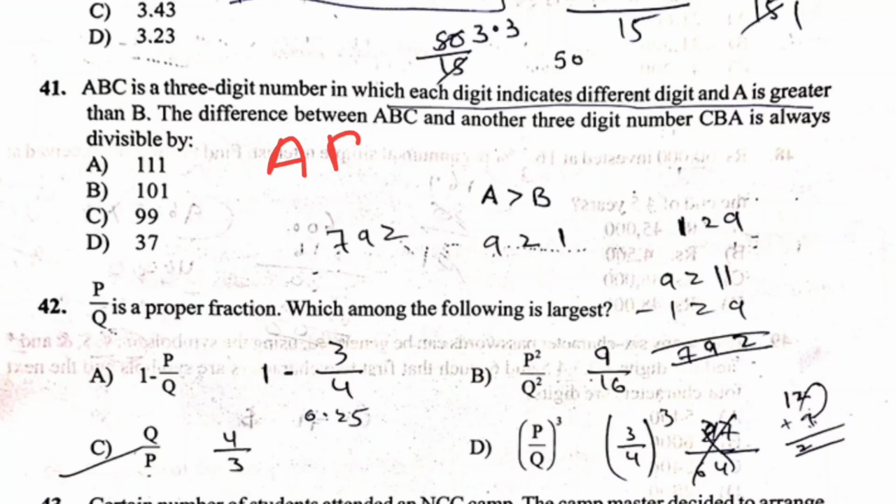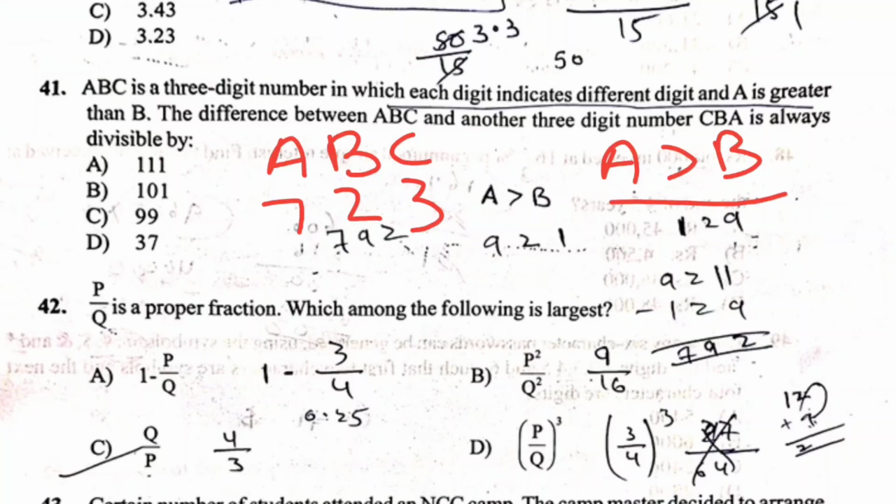say we have ABC, and we are told that A is greater than B. So suppose we take the number 7, 2, 3, any random number. Here 7 is greater than 2, so this condition is satisfied.